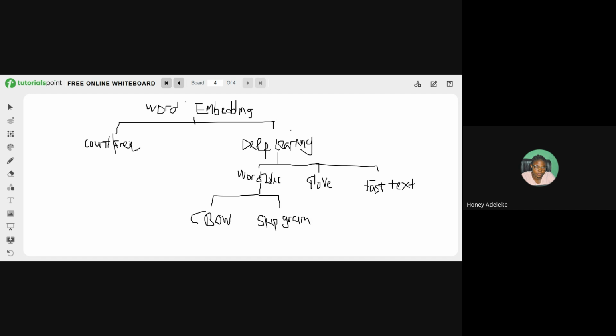Okay, let's go to a practical example. For example, now we have three sentences. Maybe I drank coffee this morning. He skipped tea while reading. She ordered a drink from the cafe.